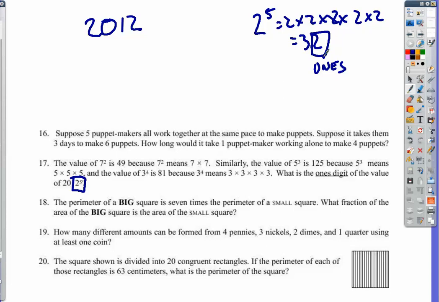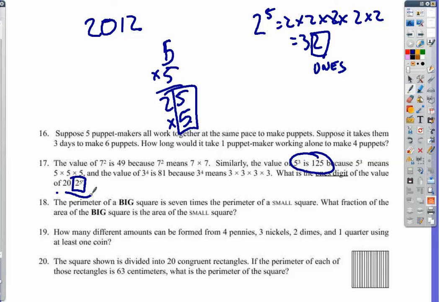The interesting thing here is, let's take a look at 5 to the 5th. 5 times 5 is equal to 25. And then to get the next ones digit, you're just going to end up multiplying the original number by the ones digit again. So it doesn't matter if it's 2012.